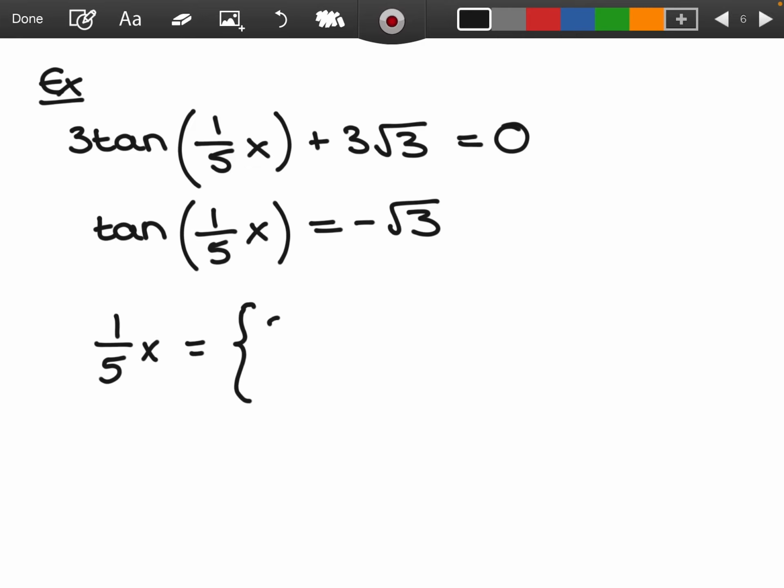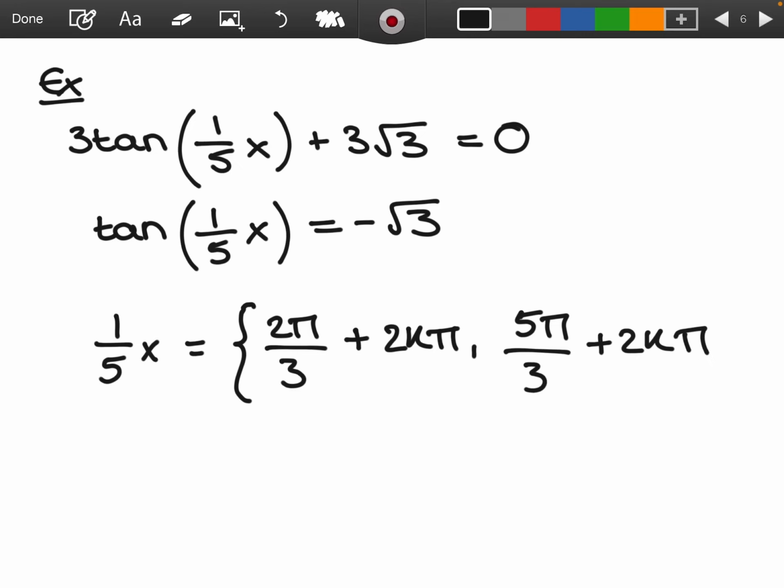and that would tell you that the possibilities for 1 over 5x would be 2 pi over 3 plus any integer multiples of 2 pi, or 5 pi over 3.